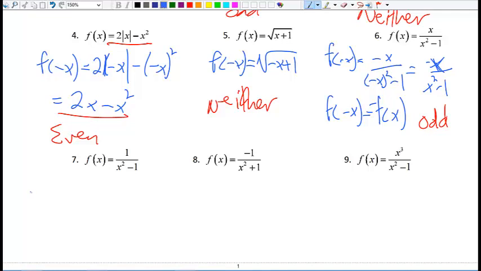Okay, number 7, f of negative x goes 1 over negative x squared minus 1. This is a simplified form of number 6. So we're going to get 1 over x squared minus 1. And that's the exact same as our initial function. So this would be an even function.